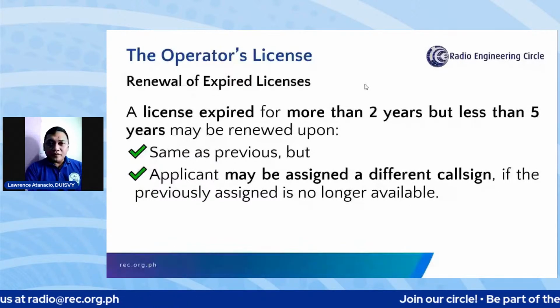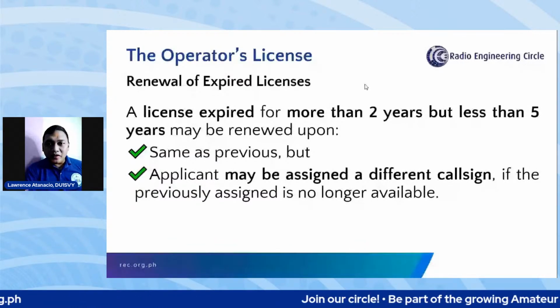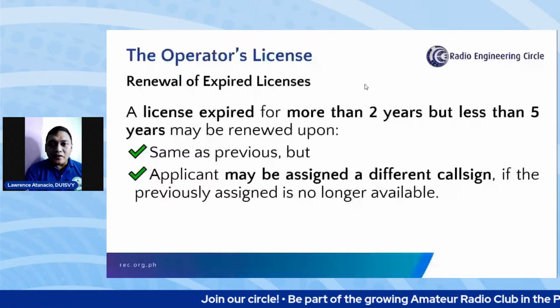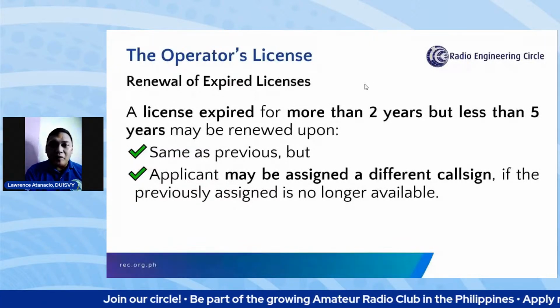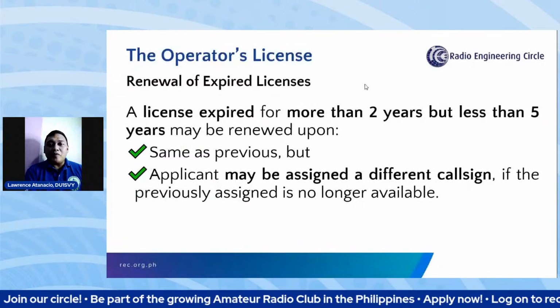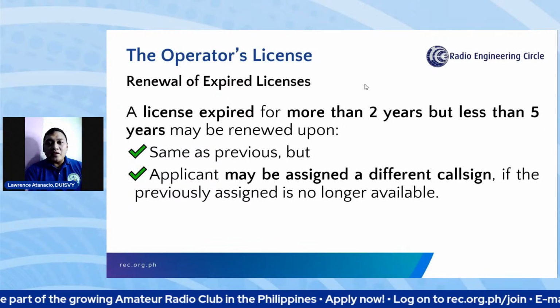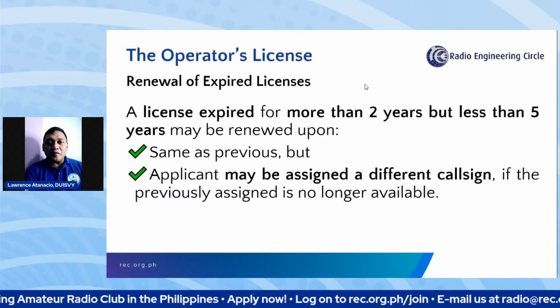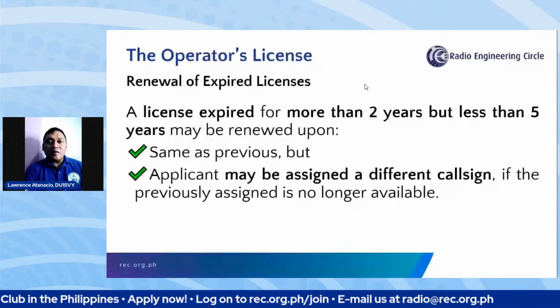Okay. A license expired more than 2 years but less than 5 years may be renewed upon same as previous, but the applicant may be assigned a different call sign if the previously assigned one is no longer available.